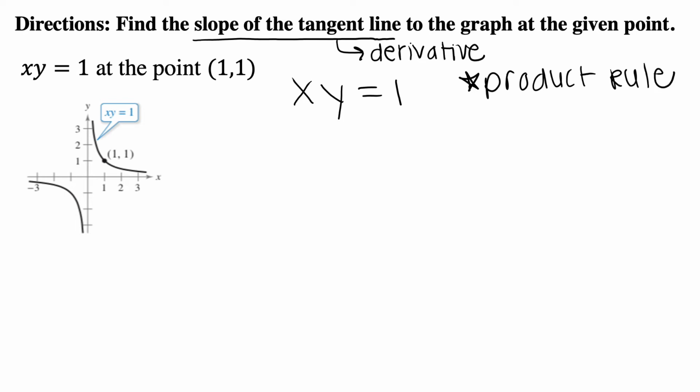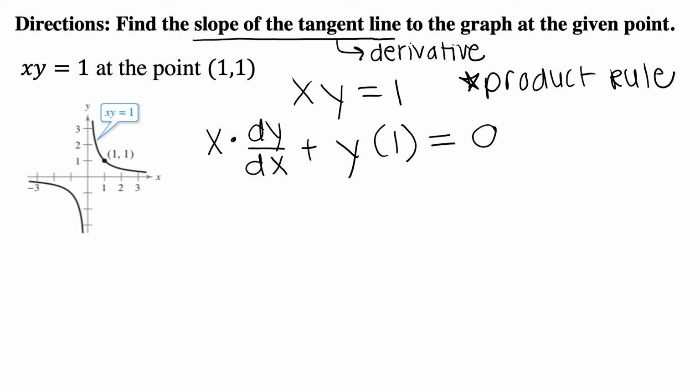So when we go to take our product rule, we're going to take our first, x, times the derivative of our second, and the derivative of y is just dy dx, plus our second, y, times the derivative of our first, and the derivative of x is just 1. And that's equal to the derivative of 1, which is just 0. From here, I'm going to leave my dy dx terms on the left and move everything else to the right.